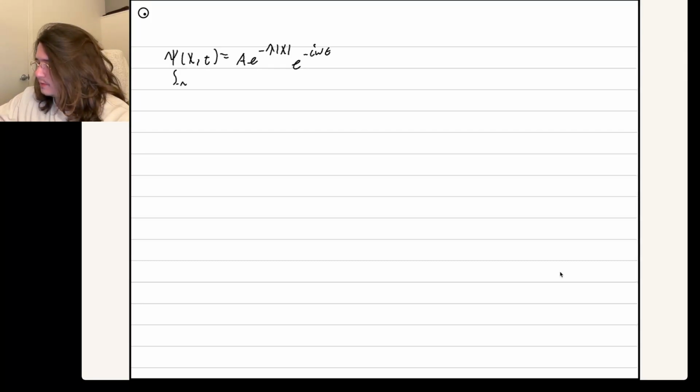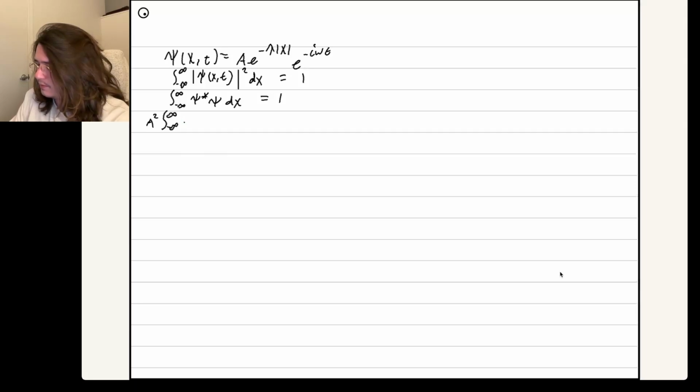So we know that the integral over all space of the square modulus of this wave function over position is equal to 1. We do have some complex terms, so I have to specify that it's psi star psi dx. There's going to be an A squared out front.